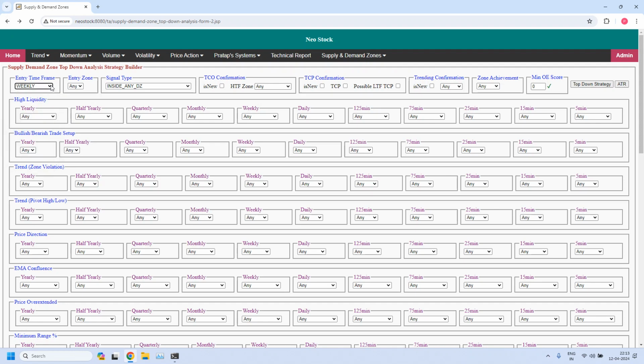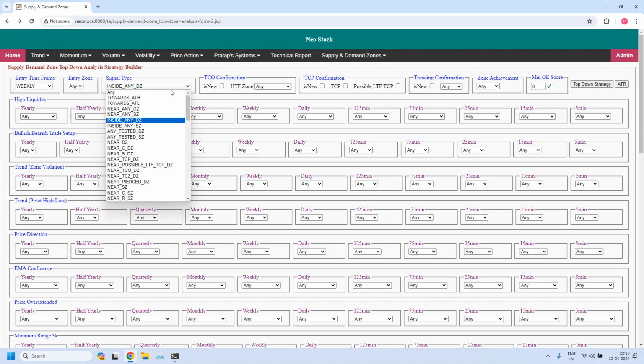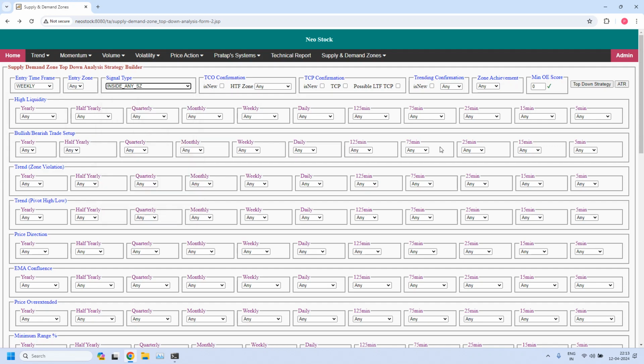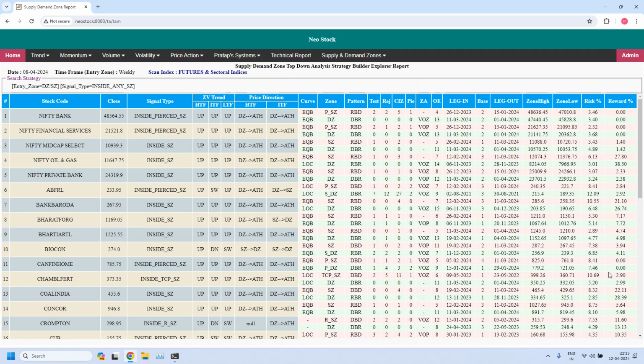For weekly time frame, let us find the stocks where price closed inside weekly supply zone. So this is the filtered list. We have a good number of stocks where price closed inside weekly supply zone.